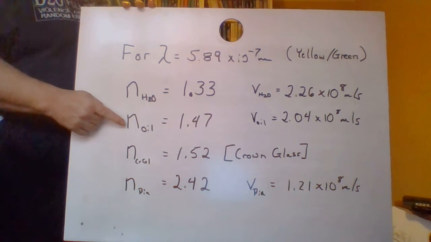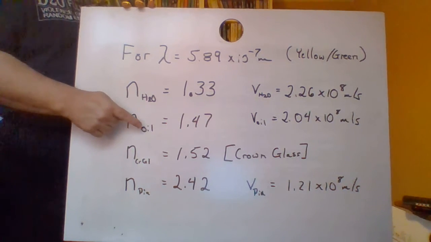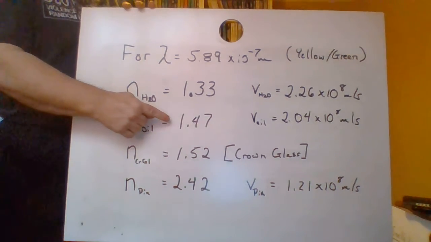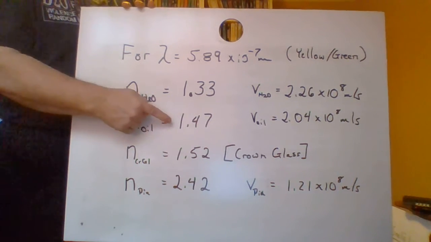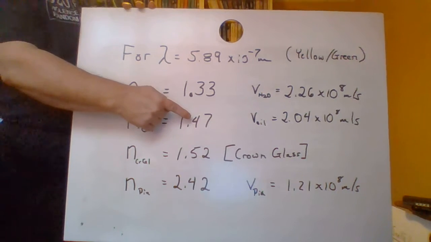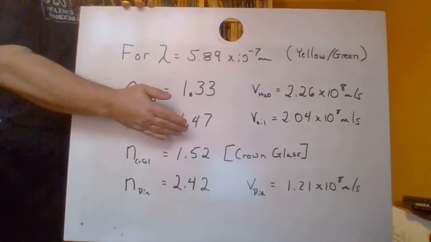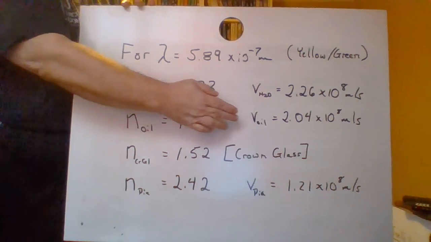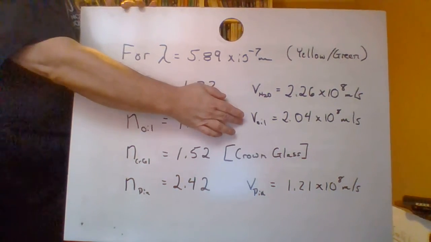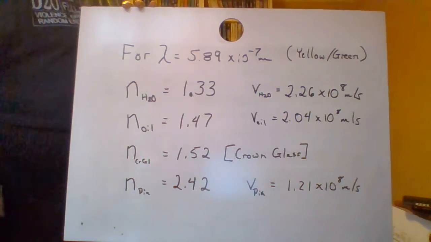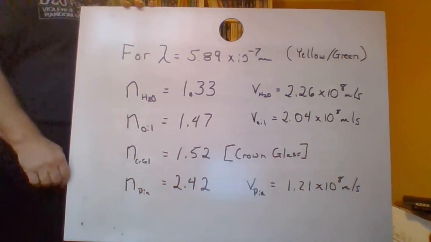If we used vegetable oil, the absolute index of refraction for this wavelength is 1.47. So if I put that into the equation and solve for v_m, the velocity of light in oil is 204 million meters per second.